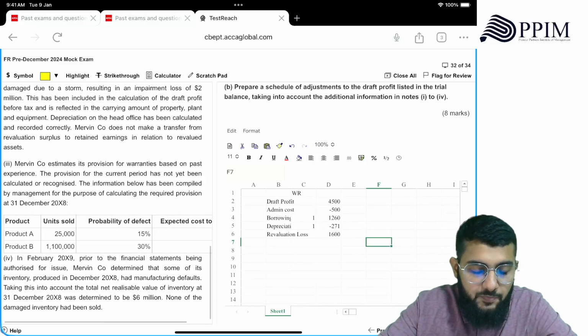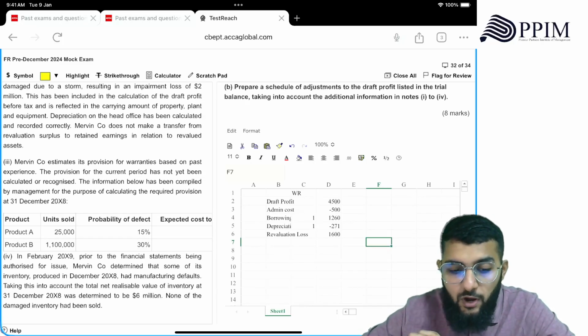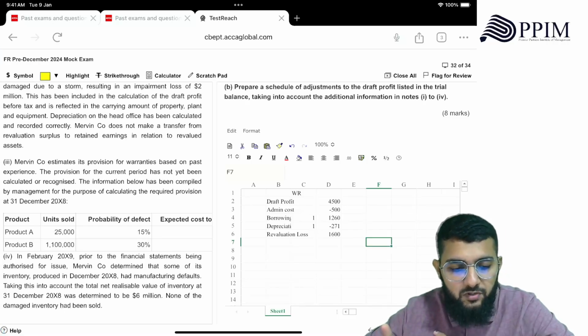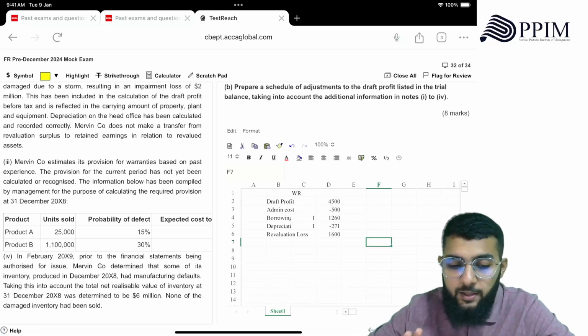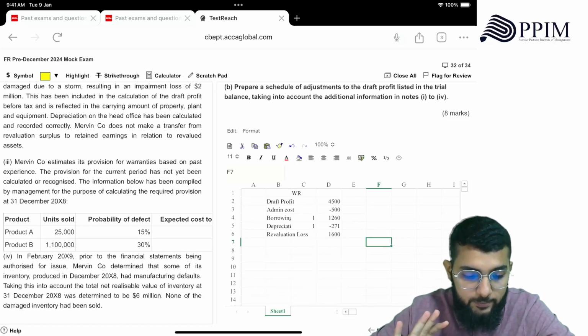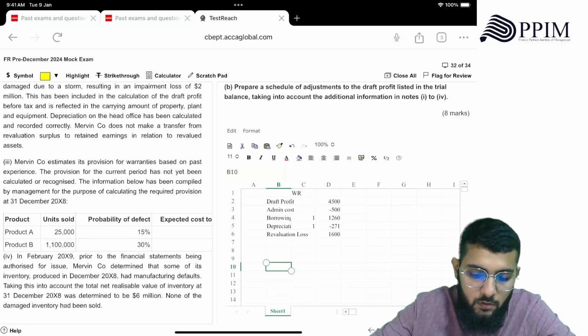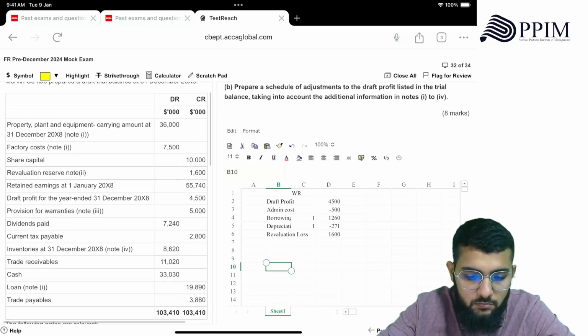Third note: Mervyn Co estimates its provision for warranties based on past experience. The provision for the current period has not yet been calculated or recognized. The information below has been compiled by management for the purpose of calculating the required provision at 31st December 2008. Okay. What's the provision? The opening provision is given here, 5,000.